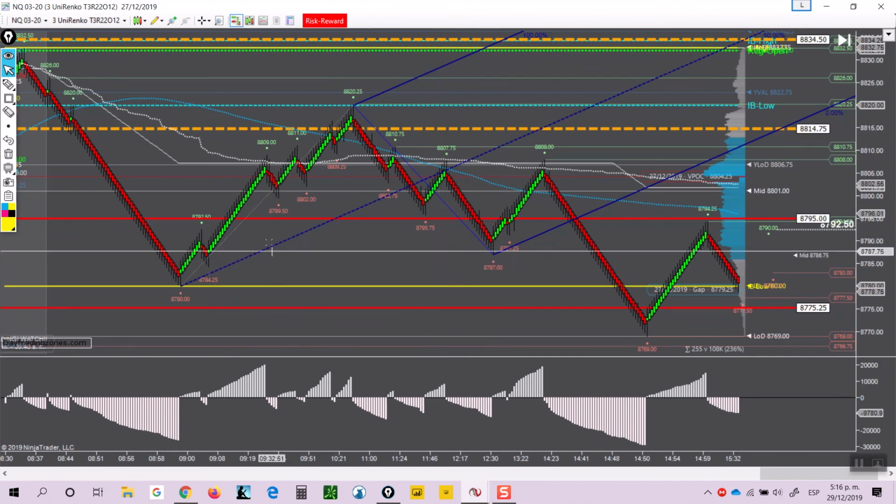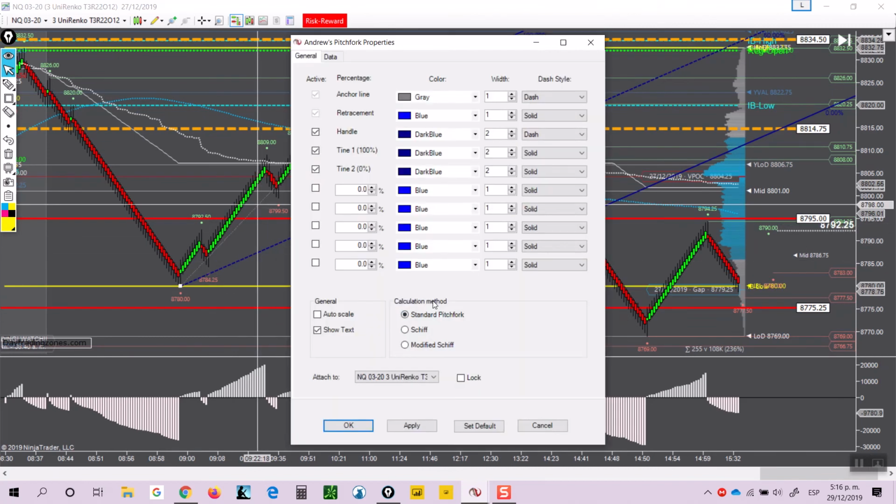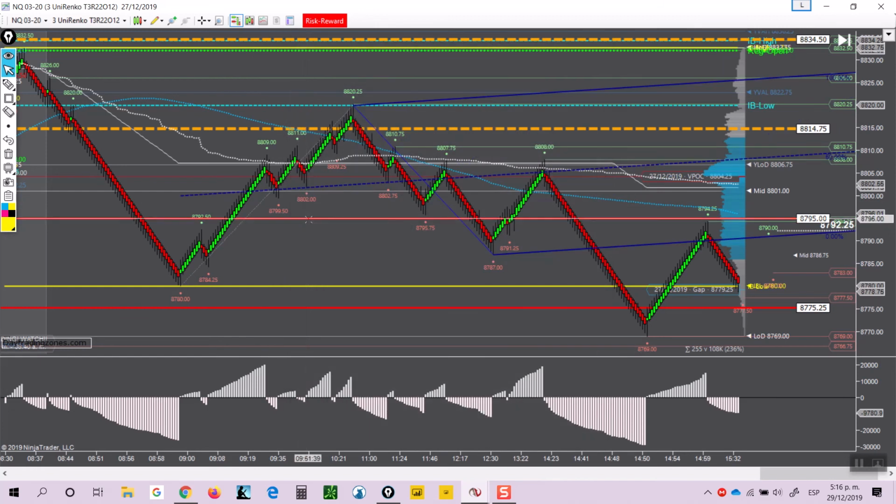That's very important. Also, we can turn this into a modified shift, and I wanted to show you that we have drawn this pitchfork using this swing here, this swing here and this swing here.